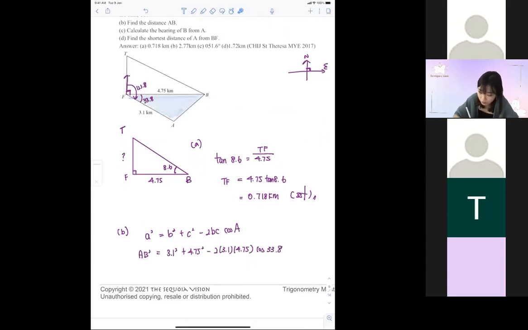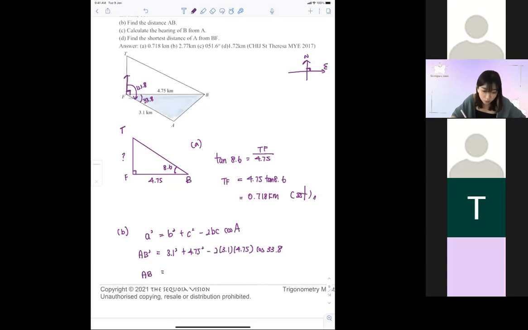just put the whole thing in the calculator and then remember to square root. So let me use the calculator.